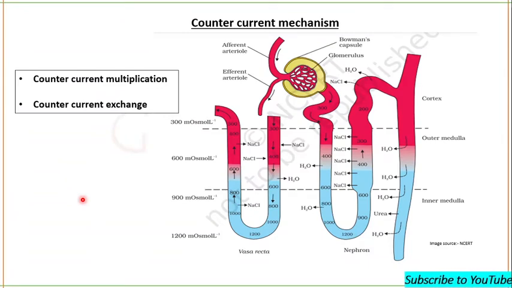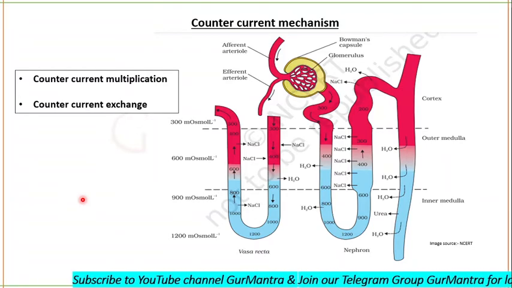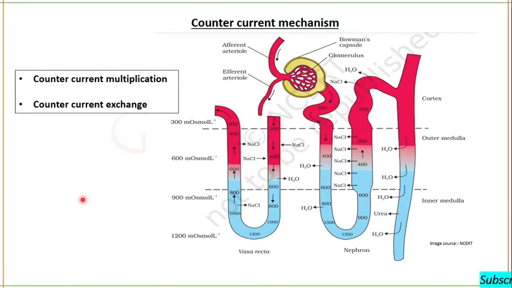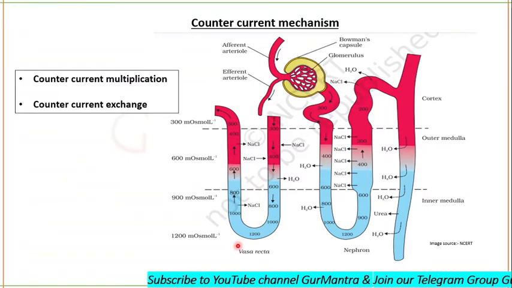So let me tell you about the counter current mechanism. First, I think now you understand that the urine concentrating ability is limited by the level of ADH and by the degree of hyperosmolarity of the renal medulla.